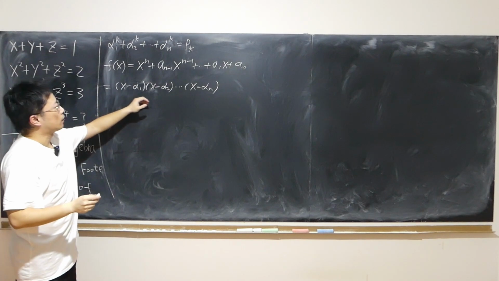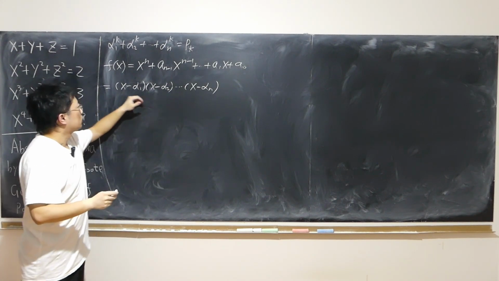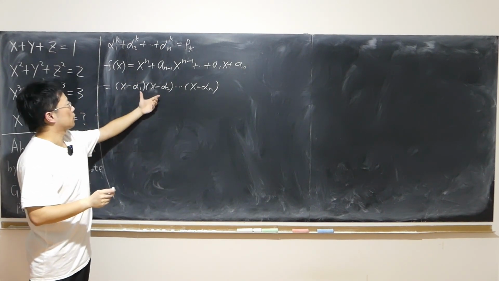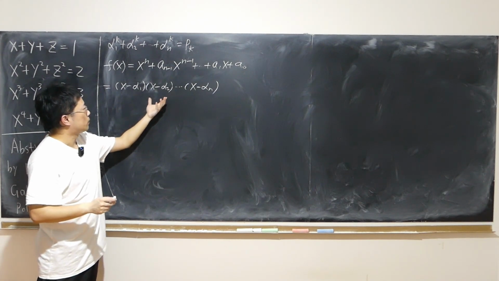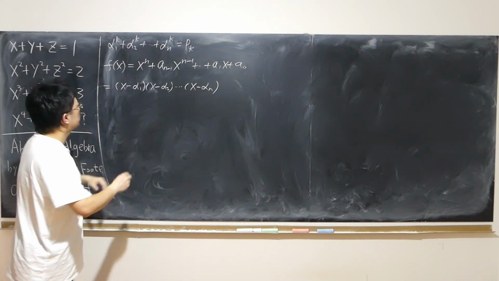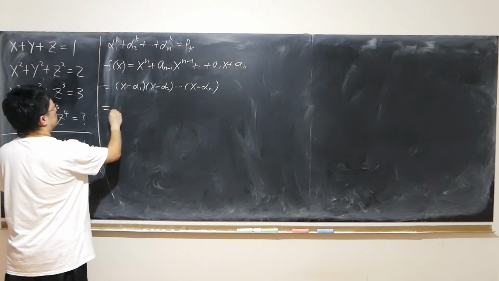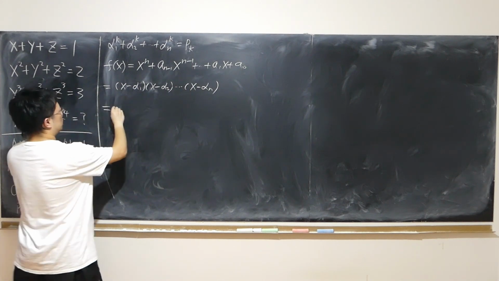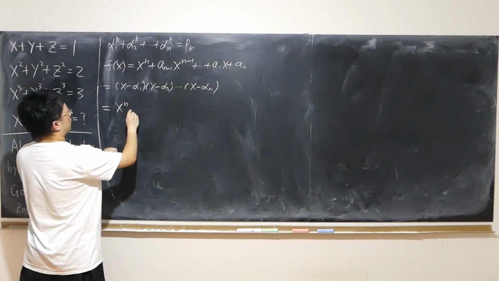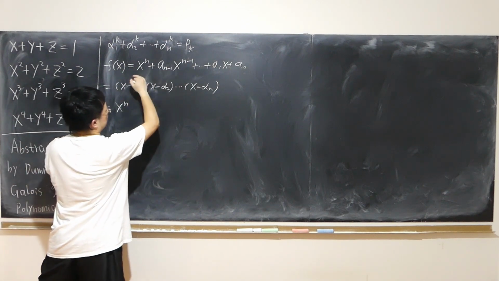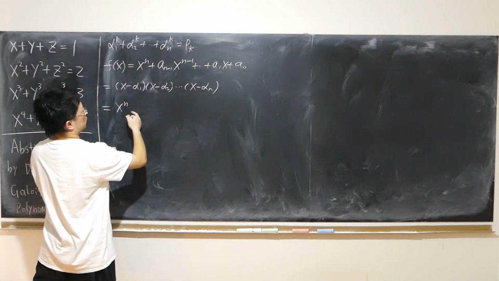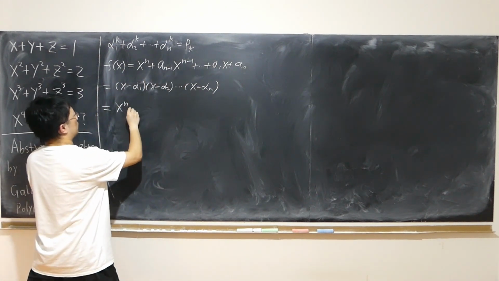Alpha 1, alpha 2, alpha n are the n roots, including complex roots. Maybe repetitive, maybe not, but that doesn't matter. That's okay. So it can be expanded into x to the n, basically the same thing as this one, just with the relation between the coefficients.